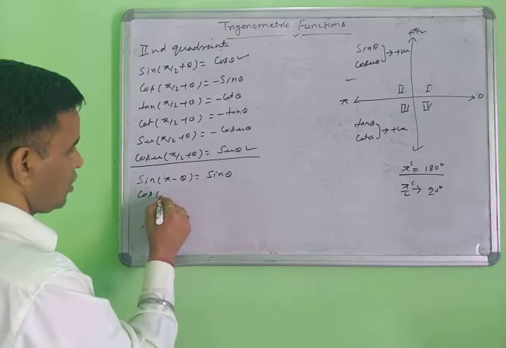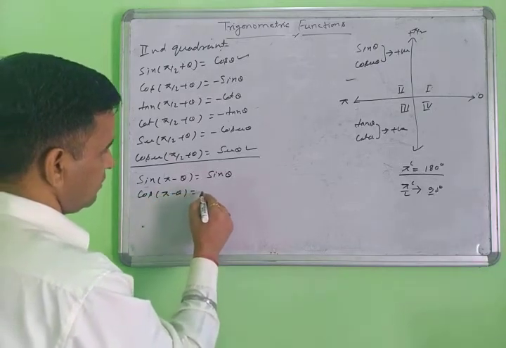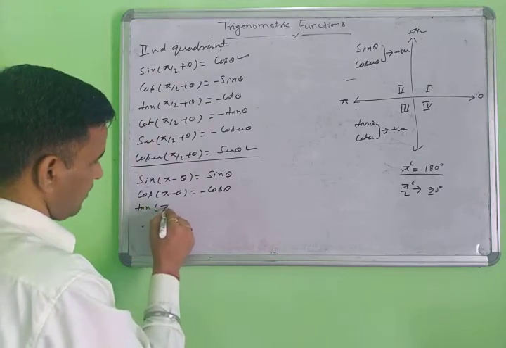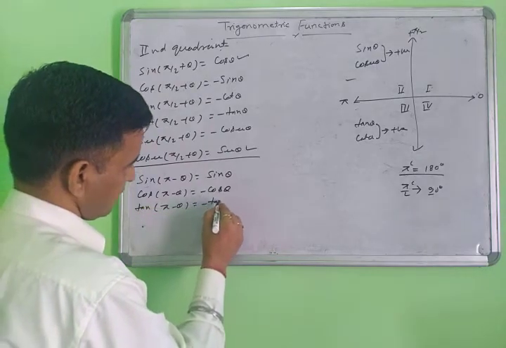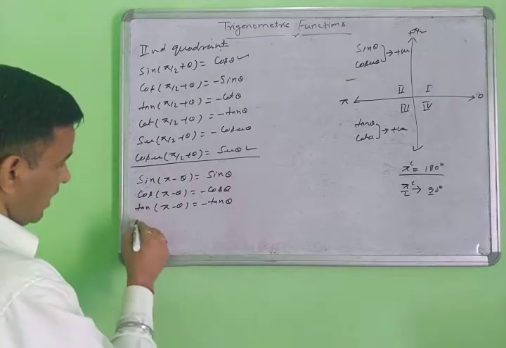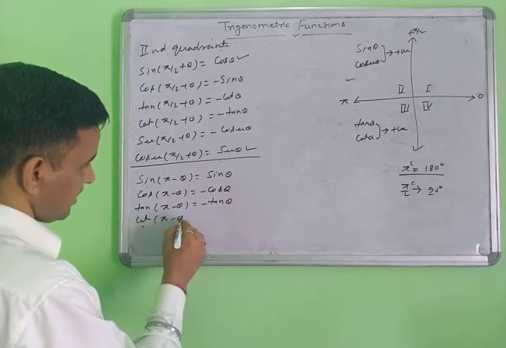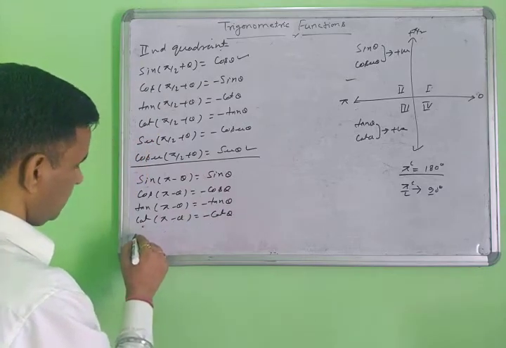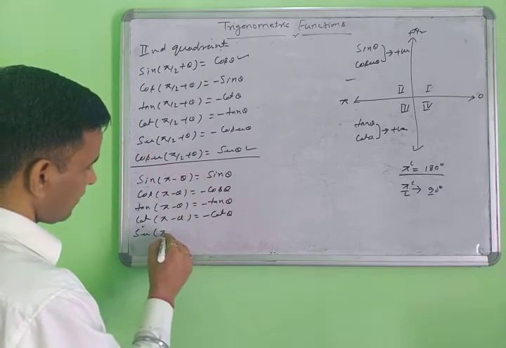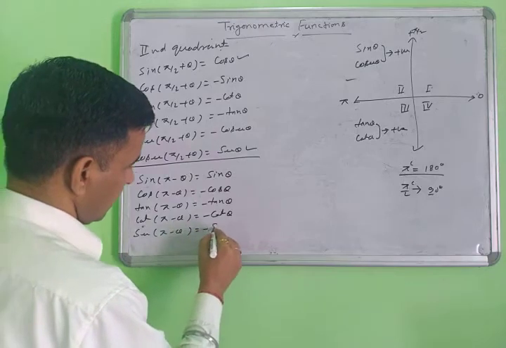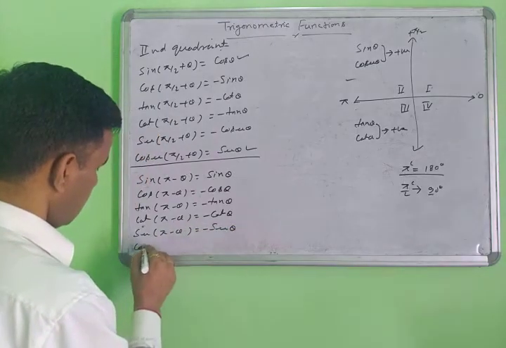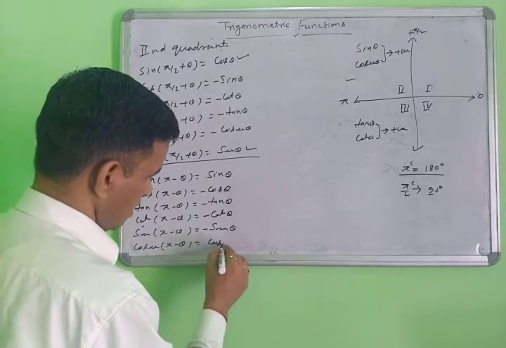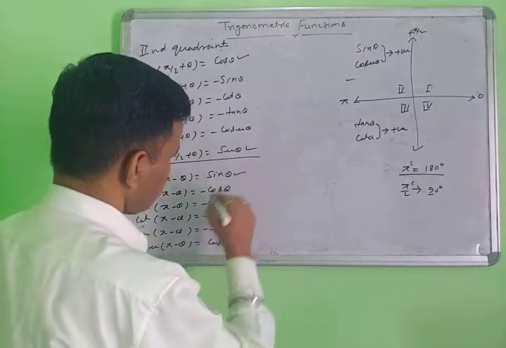Same, cos(pi minus theta) here is minus cos theta, and tan(pi minus theta) here is minus tan theta, and cot(pi minus theta) here is minus cot theta, and sec(pi minus theta) here is minus sec theta, and cosec(pi minus theta) here is cosec theta. So this and this are positive.